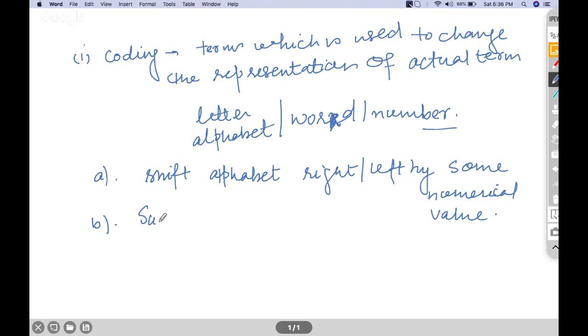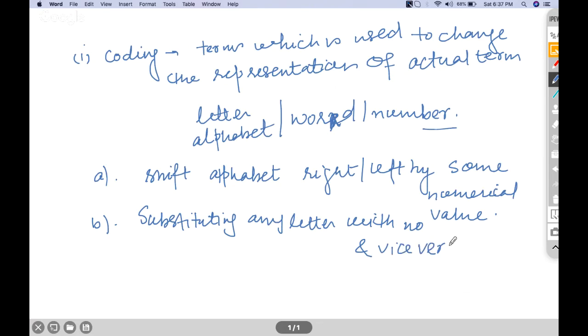Then you have substituting any letter with a number, and vice versa also.